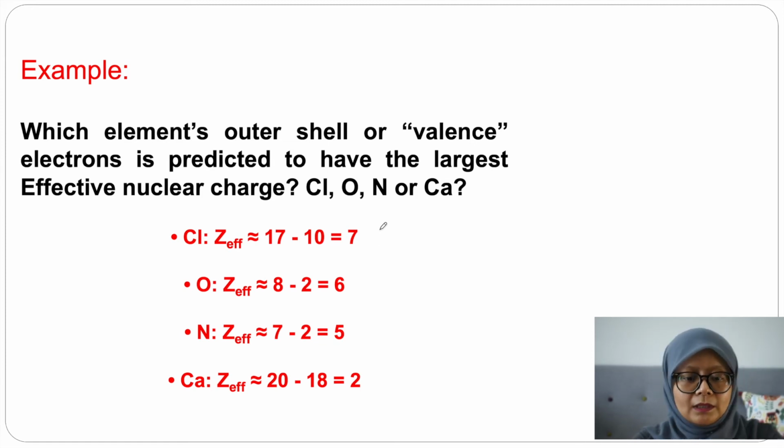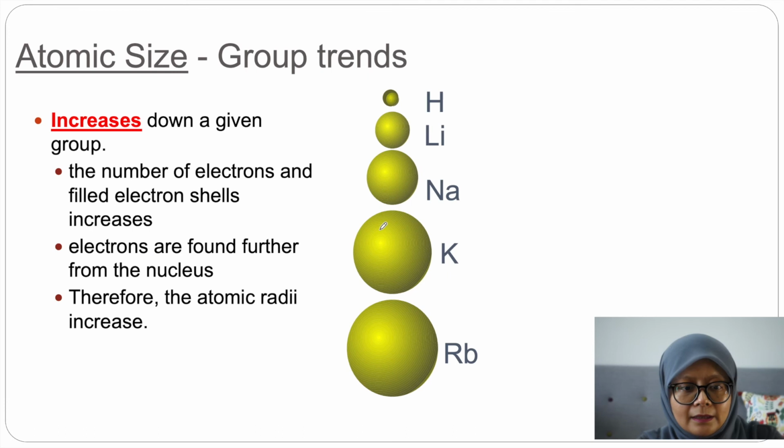Then we go to the trends of atomic size in the periodic table. The atomic size increases down a group, because the number of electron shells increases and the number of orbitals increases.